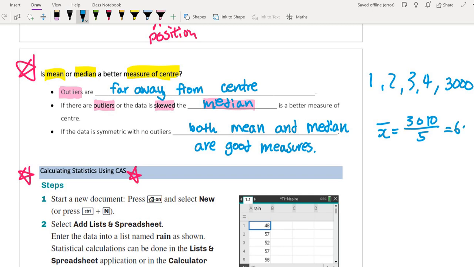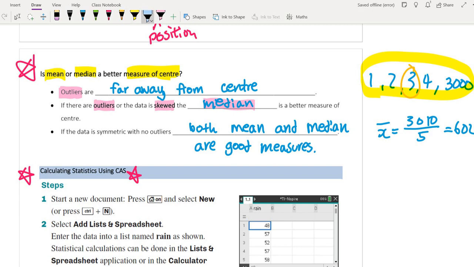So we're going to have 602 as our mean, which doesn't represent this data set really well, because it's mostly just 1, 2, 3, and 4. Now, if we're to find the median, which is just 3 here, that does represent the data a lot better. So when there's outliers or data skewed, median is the way to go.